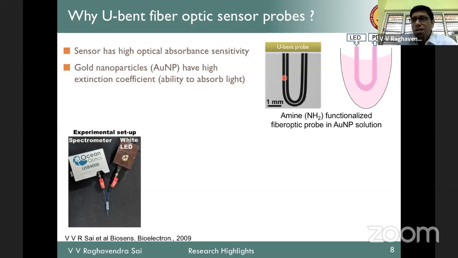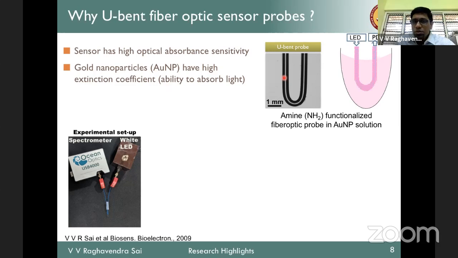That means, for your own understanding as of now, they carry more light in different modes, and the diameter of the fiber is much higher. So that's what you have to understand: 200 microns, whereas single mode fibers are only 8 microns.